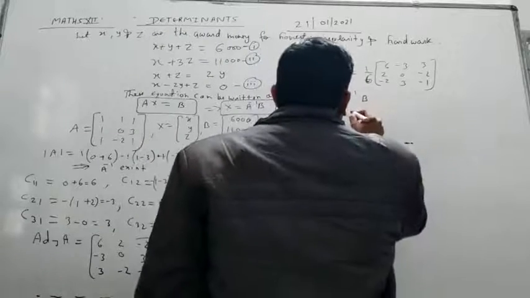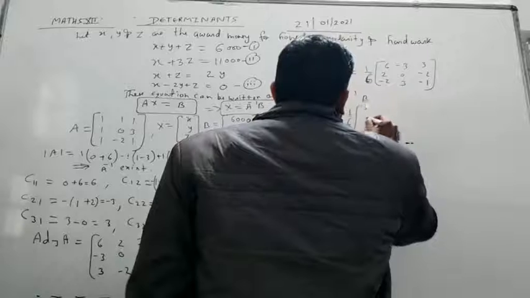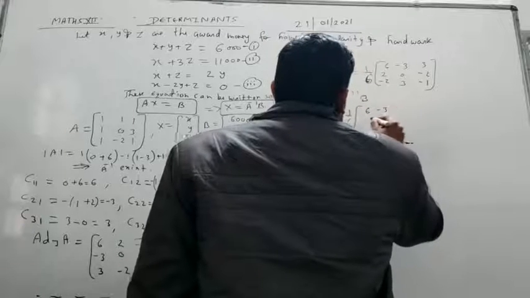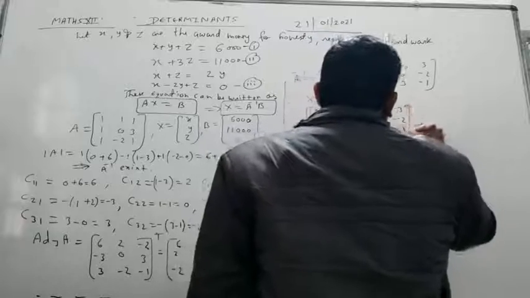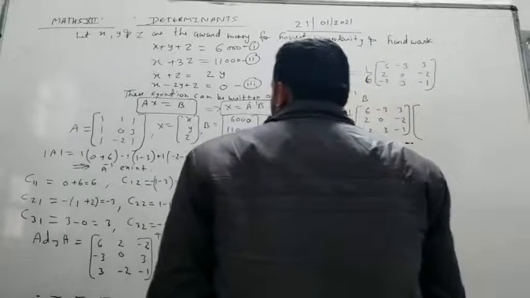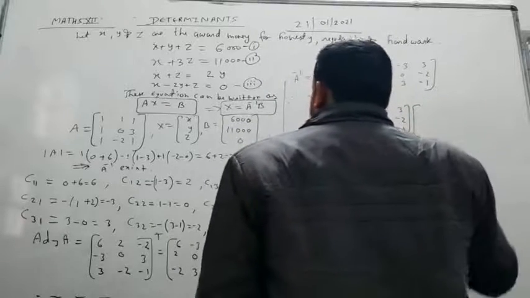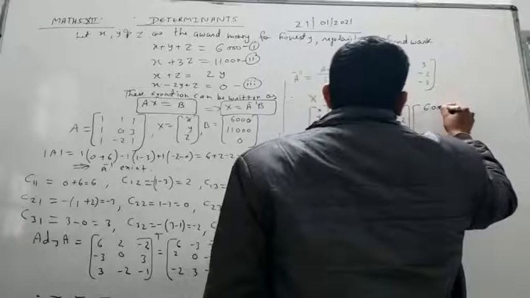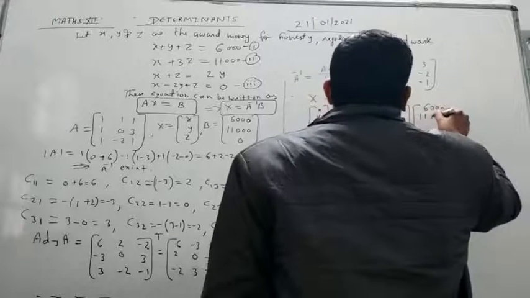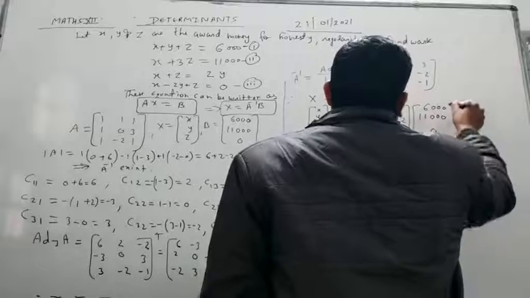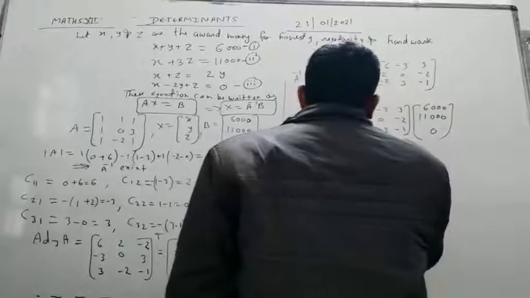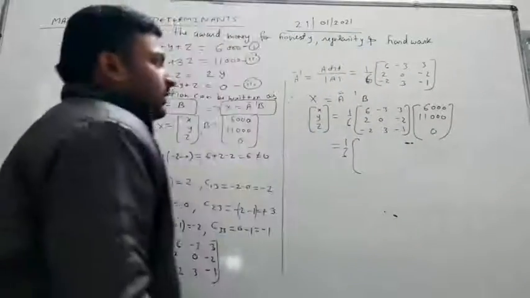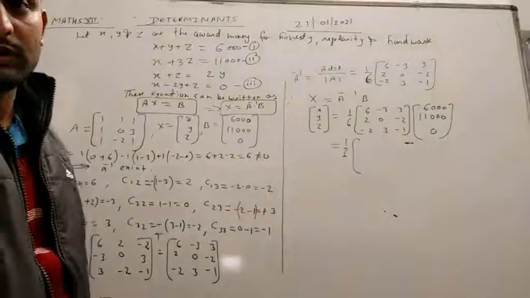So A inverse is 1 by 6 and 6, minus 3, 3, 2, 0, minus 2, minus 2, 3, minus 1, and this B is, student, 6,000, 11,000 and 0.